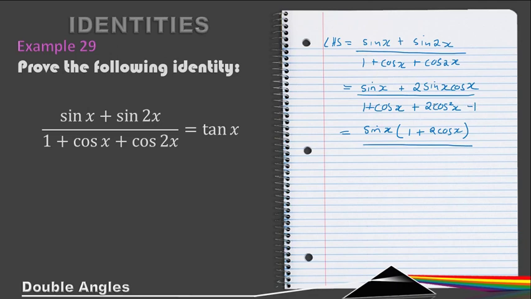Then for these two remaining terms, there's a cos x that I can take out as well. So if I take out cos x, then for this term remaining, it's just 1, a placeholder 1, plus the 2 remains, and there's another cos x that remains. Alright, so now these two can cancel out, they are identical. Sine x over cos x is equal to tan x, and that is equal to our right hand side.